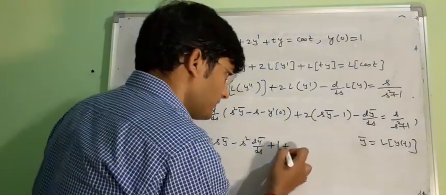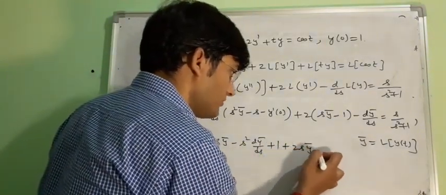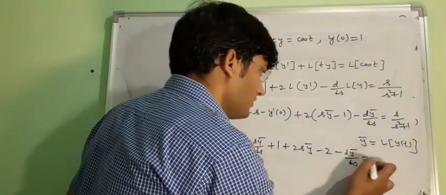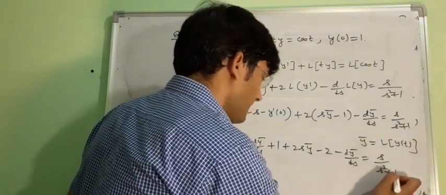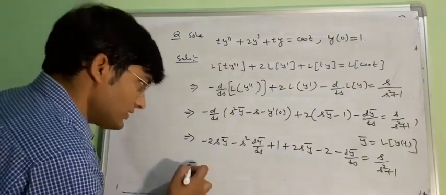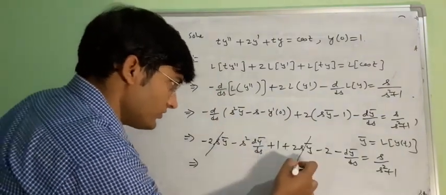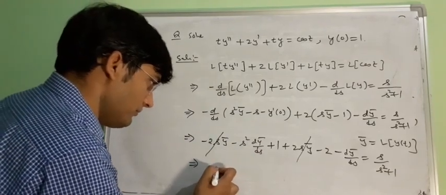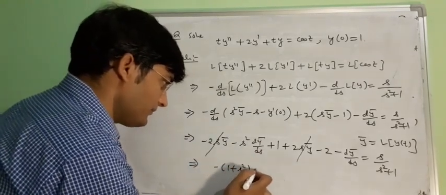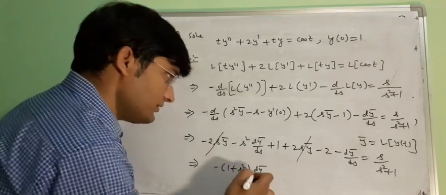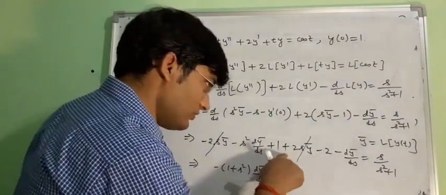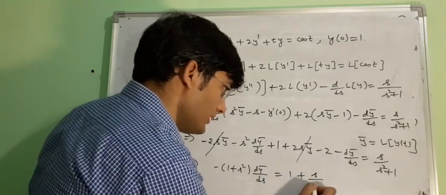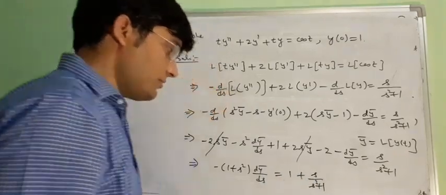Now here this will be 2 s y bar minus 2 minus dy bar upon ds equal to s upon s square plus 1. So this is equal to, now this term will be cancelled with this one, so minus 1 plus s square dy bar upon ds. Now this is your minus 1, so on the right hand side it will give 1, so 1 upon s square plus 1.